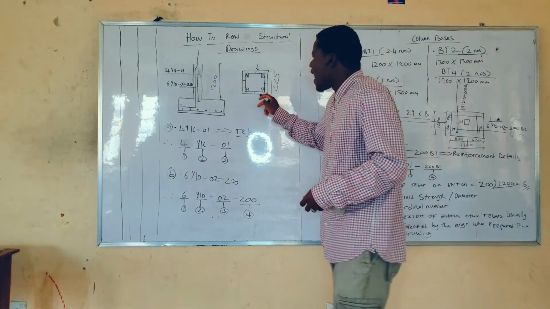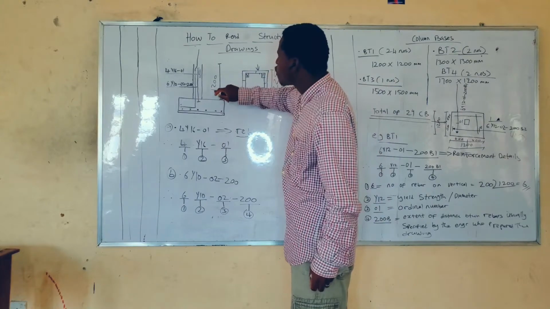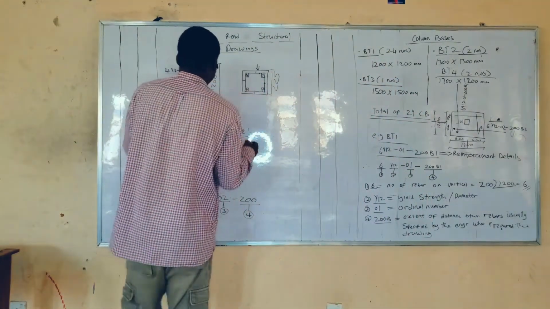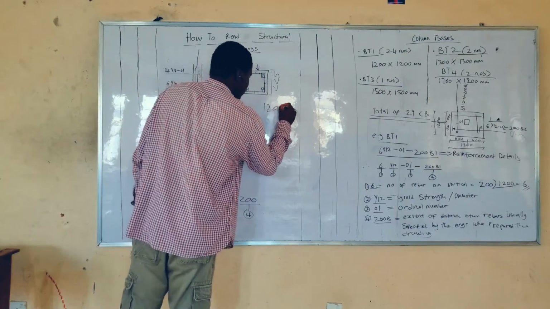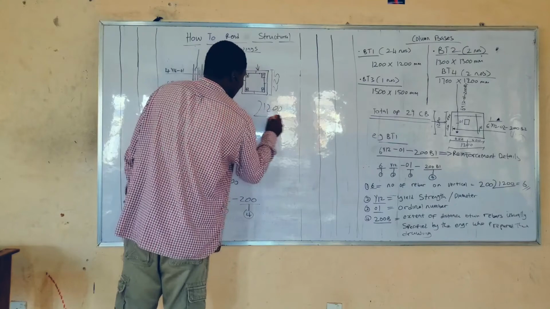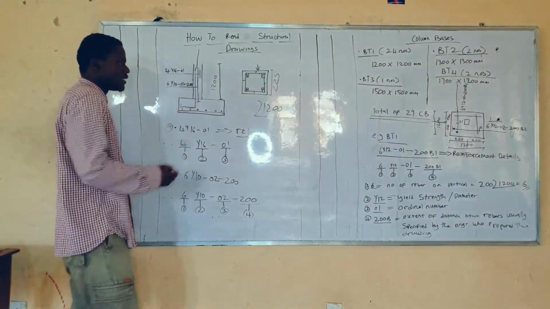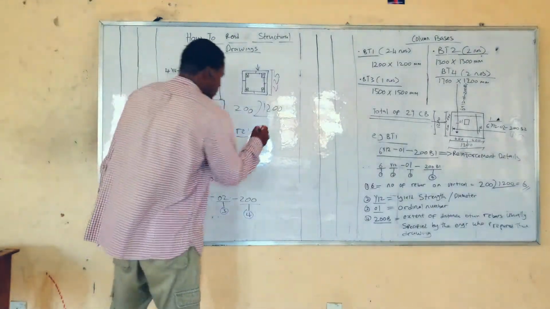So how do we know the number of stirrups through this 1,200 length? See, it's quite simple. The length is 1,200, and the space between them has been specified by the engineer to be 200. 1,200 divided by 200, what would that give us?